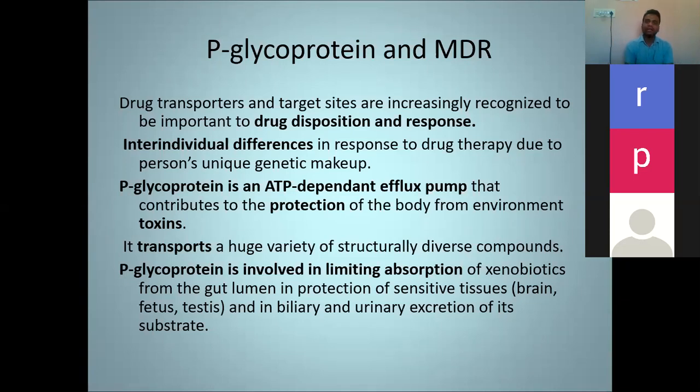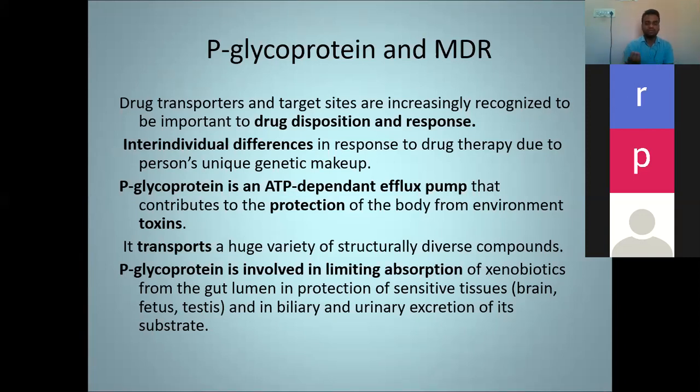I told you the primary function of this P-glycoprotein is to pump out toxins, to efflux the toxins. But they consider even drugs as xenobiotics, which are considered toxins for the body. So P-glycoprotein even effluxes or throws out the drugs.